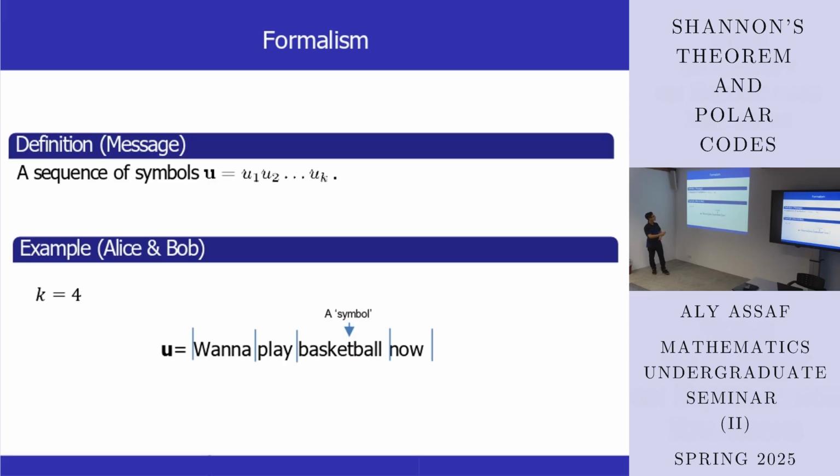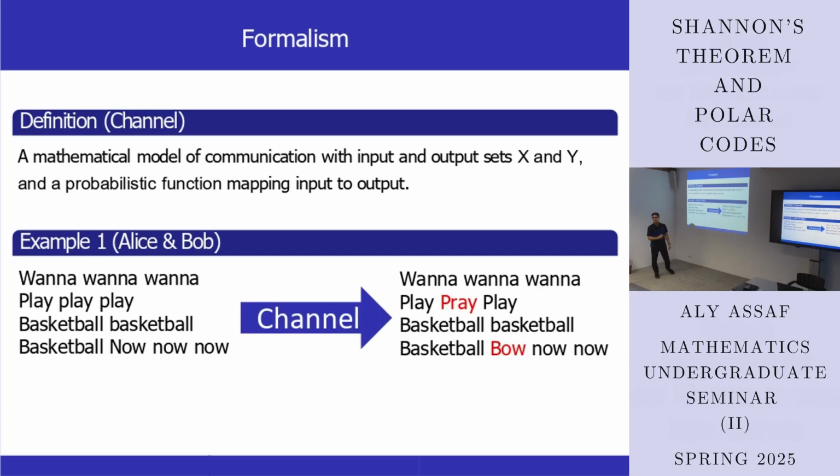Well, what we've learned so far is what a message is. It's just a sequence of symbols, where these symbols come from some fixed alphabet. In the case of Alice, this consists of 4 symbols. So we will define the variable k as the length of our message, which is 4. We also learned about the notion of a channel.